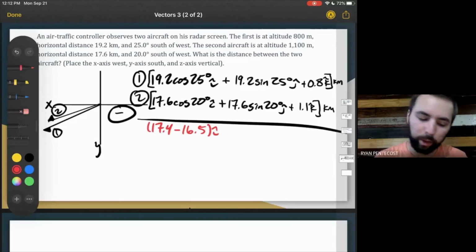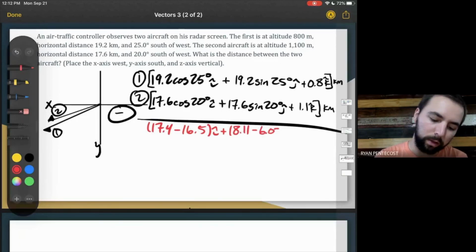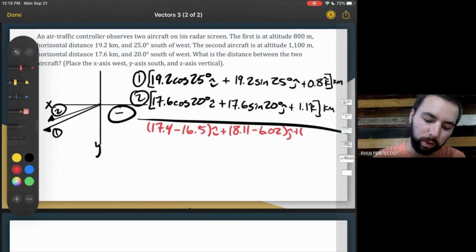Next, you have about 8.11 if you do that trig. Then you subtract 6.02. That is j hat. Then 0.8 minus 1.1, that is negative 0.3 k hat.